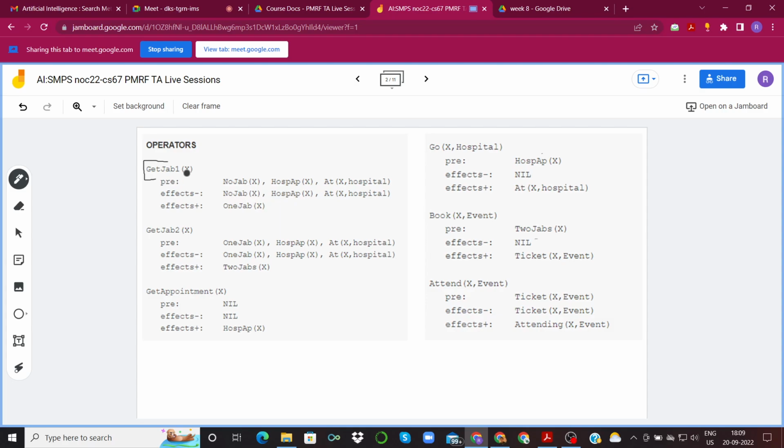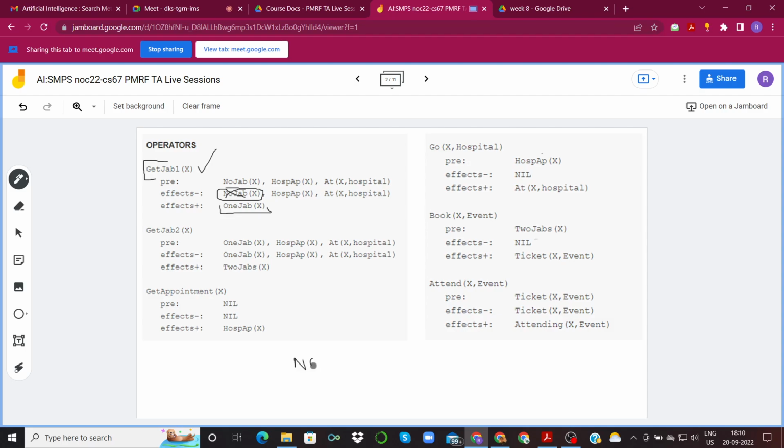So basically when a person gets the first dose of vaccine using this action, the positive effect is that he gets one shot of vaccine, right? So this particular predicate of the person having no shot of vaccine becomes false. You could think of it in this way.